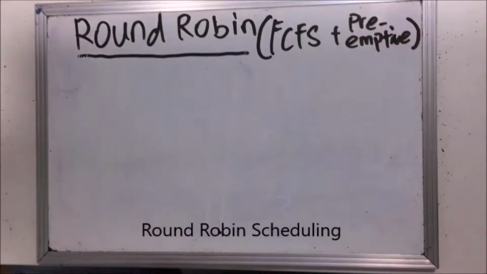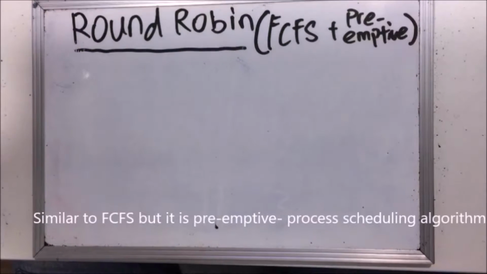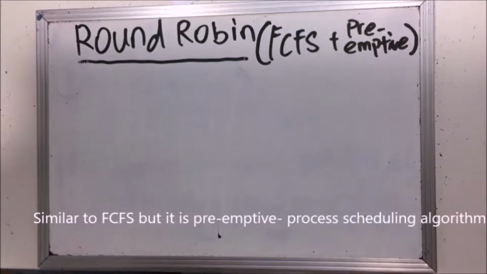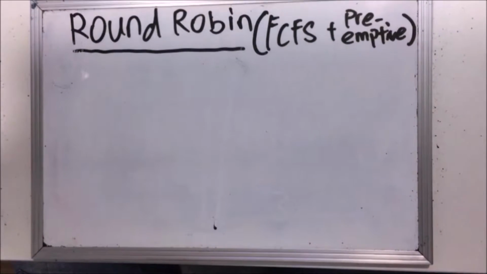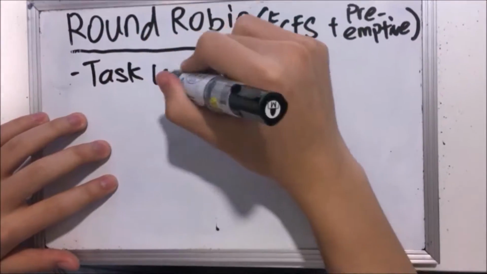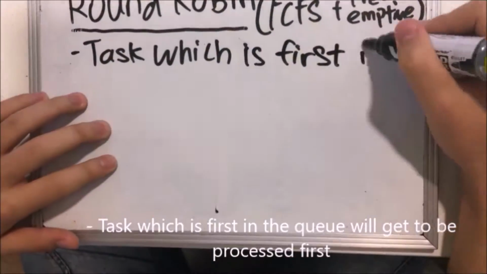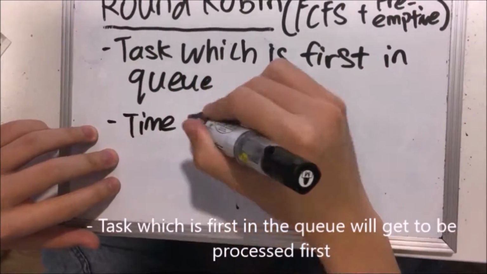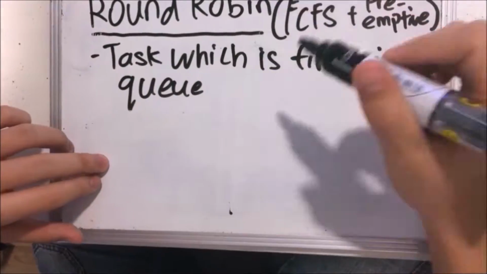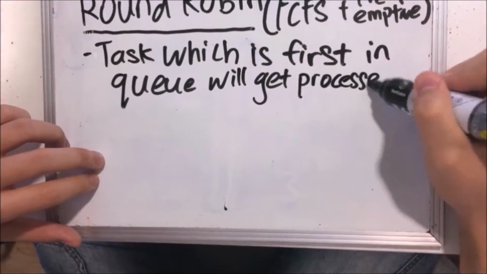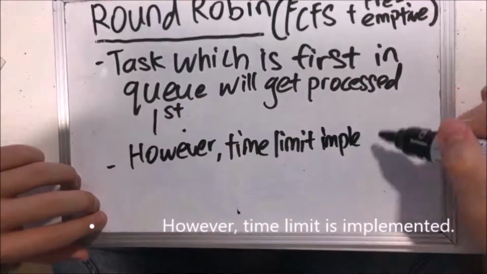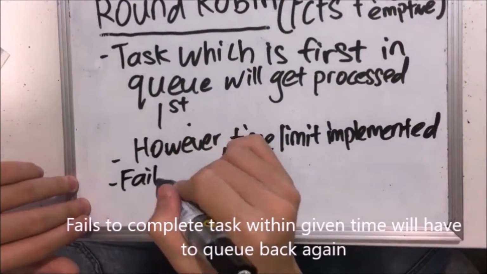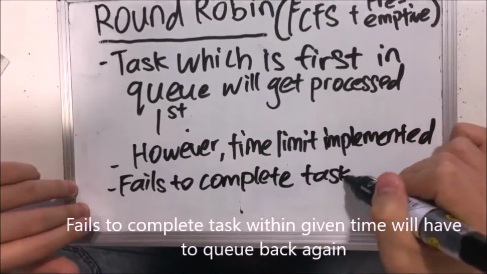Round-robin scheduling is similar to first come first serve scheduling, but it is a preemptive process scheduling algorithm. The task which is first in the queue will get to be processed first. However, a time limit is implemented. Tasks that fail to complete within the given time will have to queue back again.